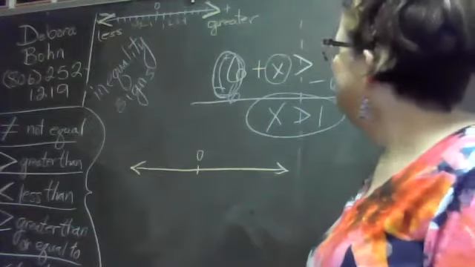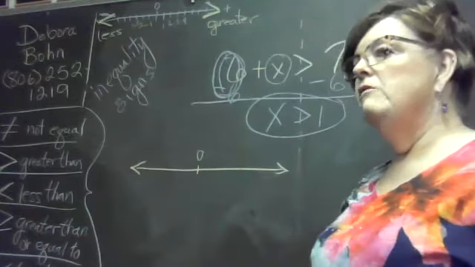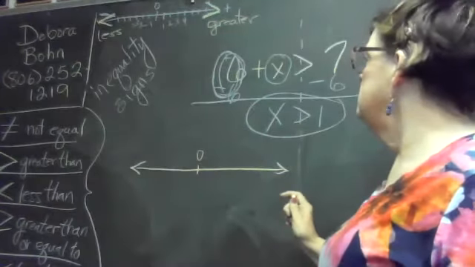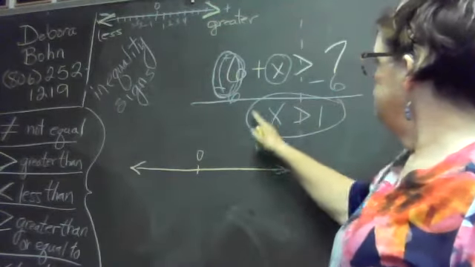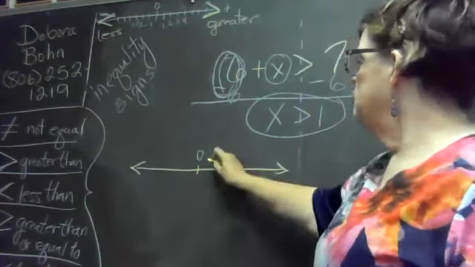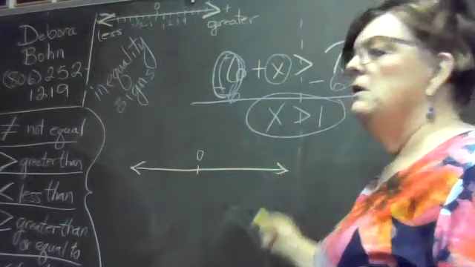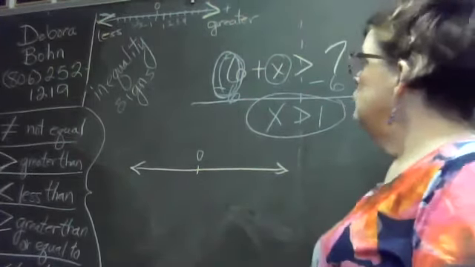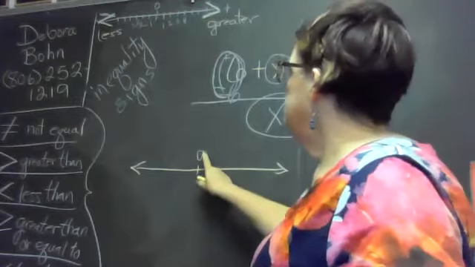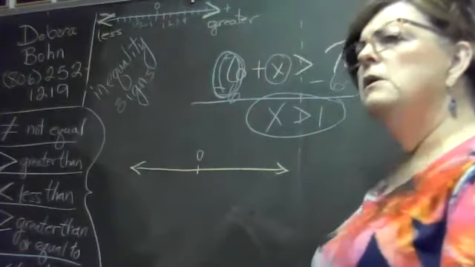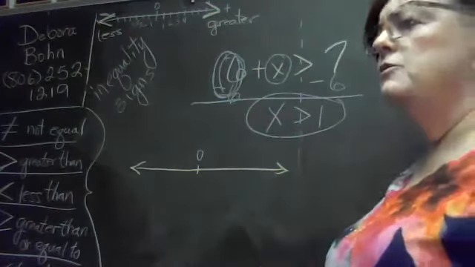Okay, the way I tell everyone to graph it, if this is the answer, then I draw a number line. I don't think you have to draw 1, 2, 3, 4, 5, 6, 7. It just takes so much time. I don't like to do that. So what I do, I always put the 0 because it's a placeholder for me. That way I can see where the positives and the negatives are.